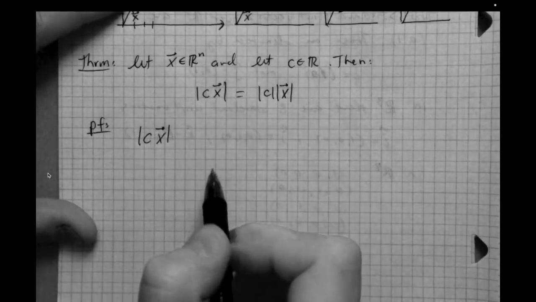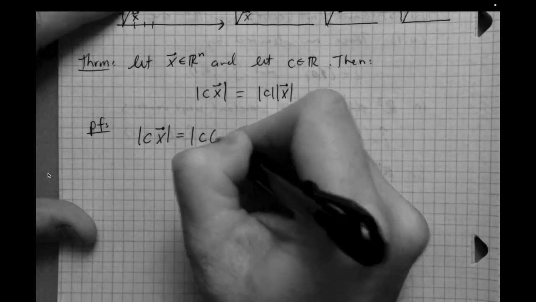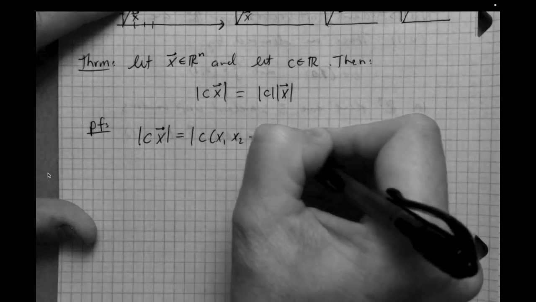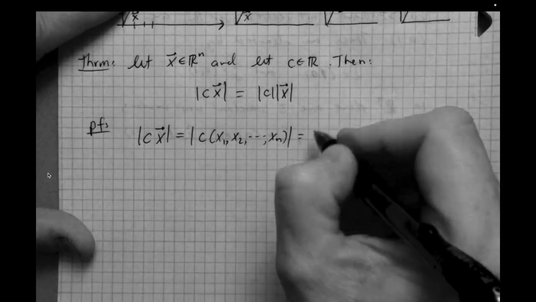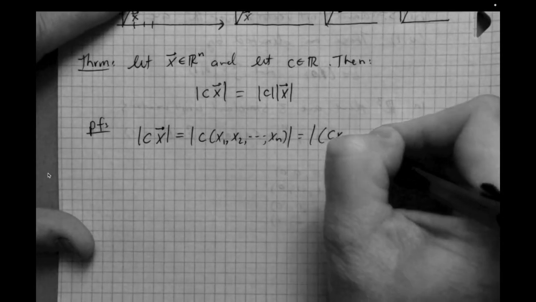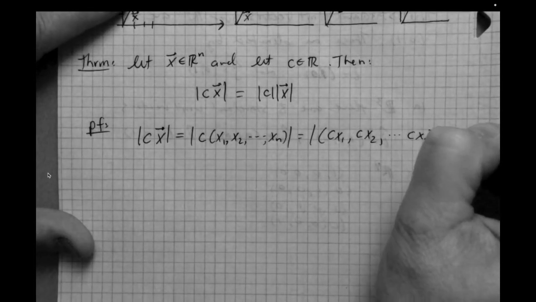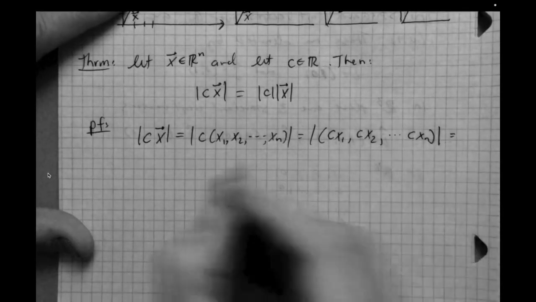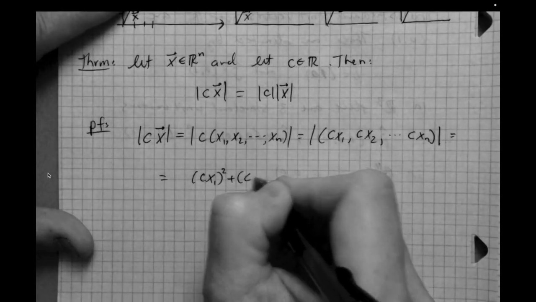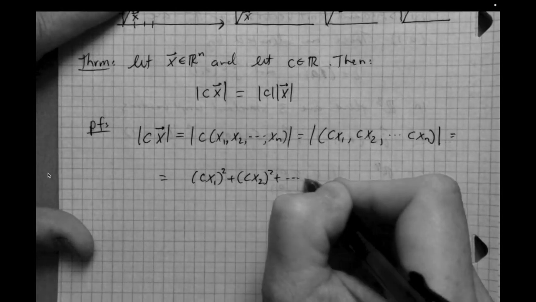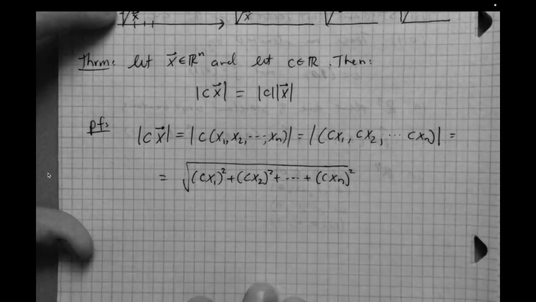So the norm here, we know this is going to be equal to the norm of c times x1, x2, xn. And we know what scalar multiplication means. That means you've got cx1, cx2, cxn. Can we take the norm of this vector? Sure. cx1 squared plus cx2 squared plus up to cxn squared, and we take the square root of that.